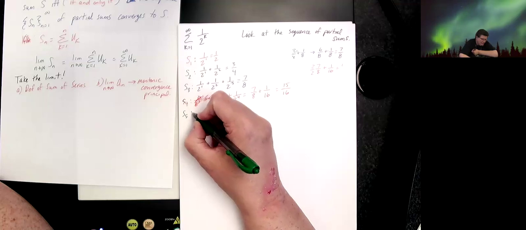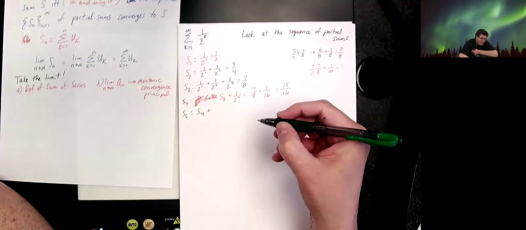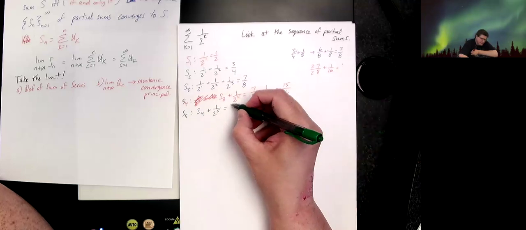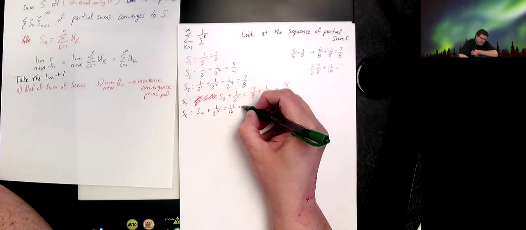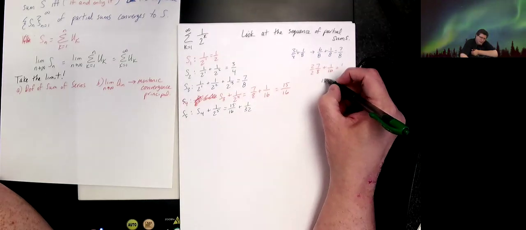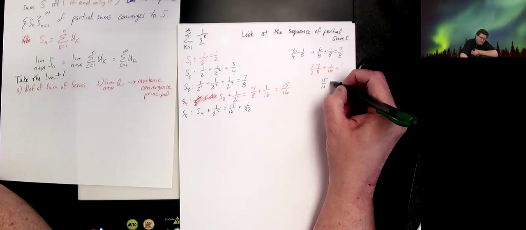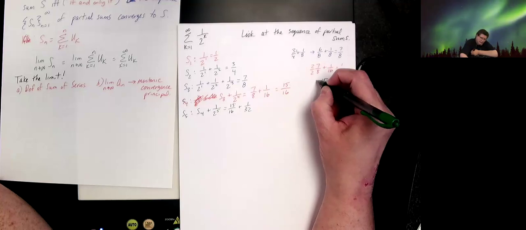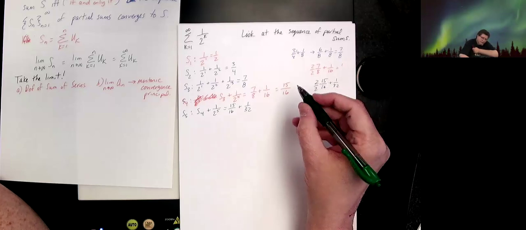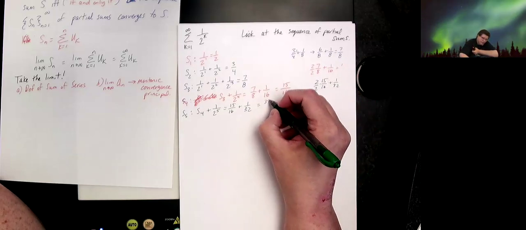S sub 5 is S sub 4 plus 1/2 to the 5th power. So 15/16 plus 1/32. If I look at this over here, I multiply this by 2/2. I'm getting 2 times 15 is 30 plus 1, 31/32.